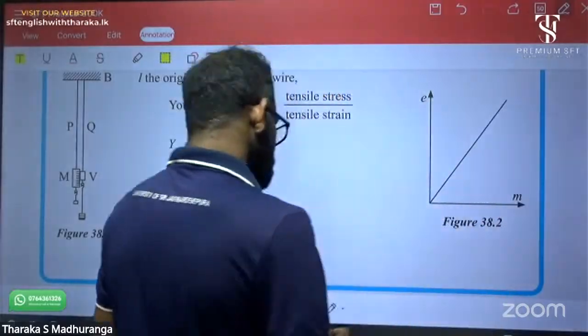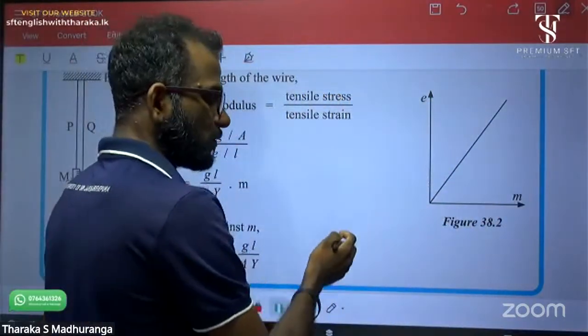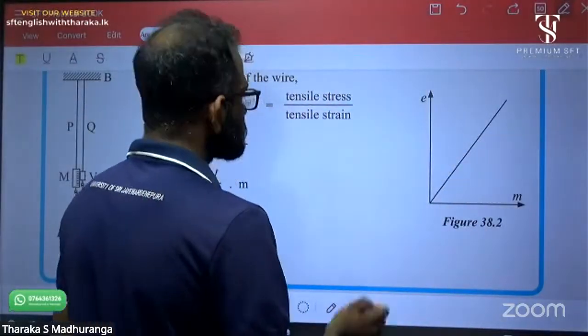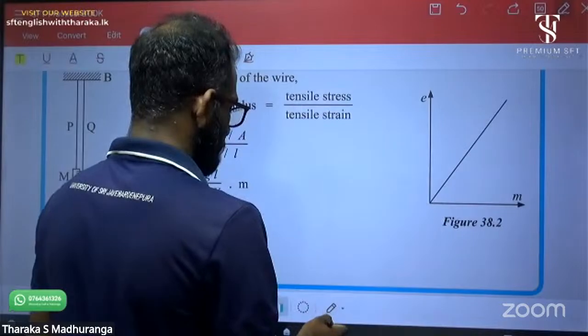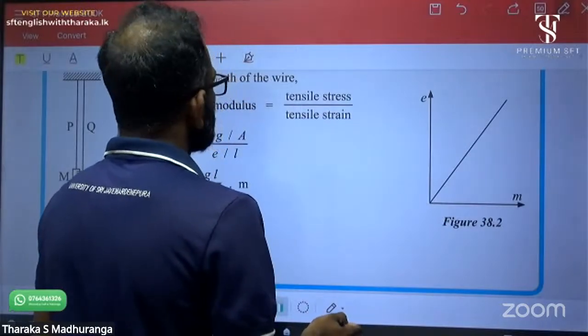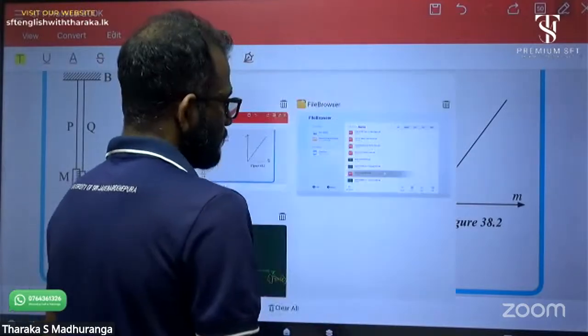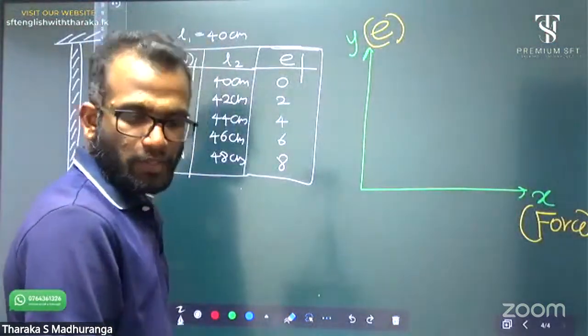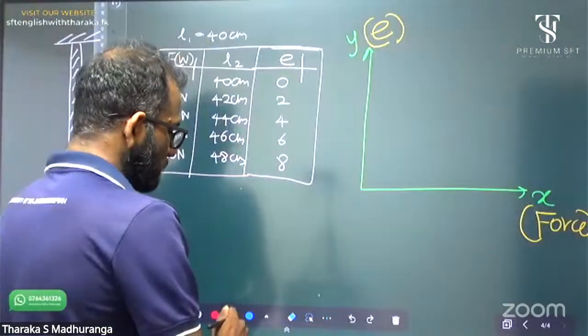Now, what you have to do is mark this experimental data, the force and extension, on the Cartesian plane. Very simple.